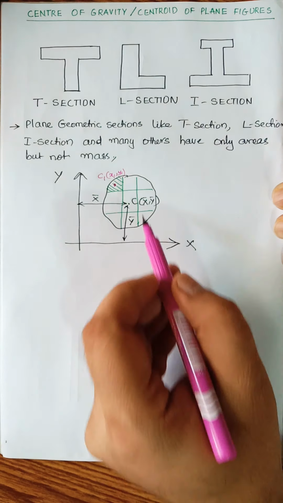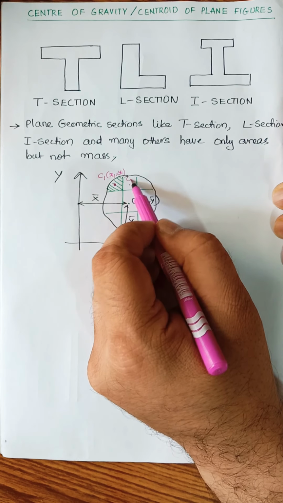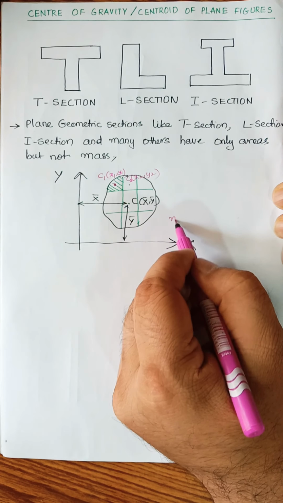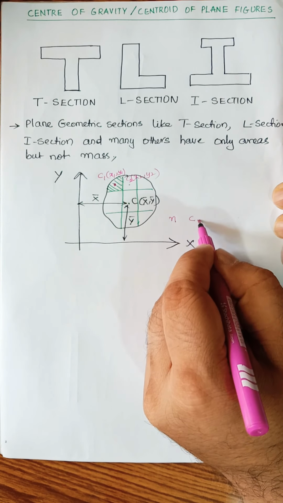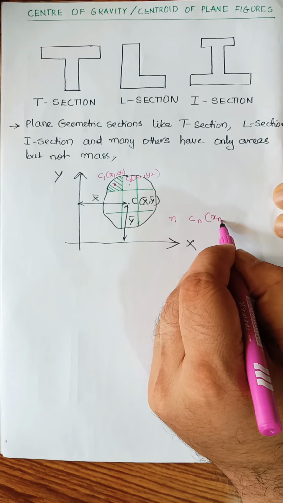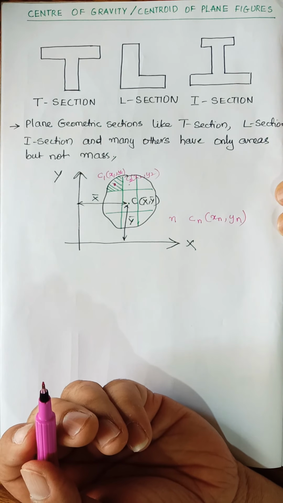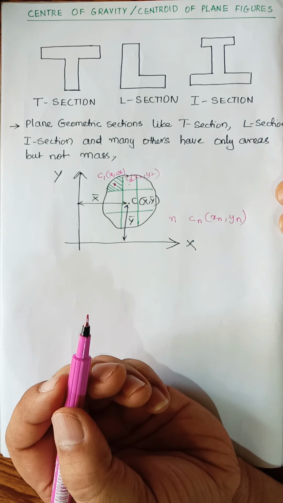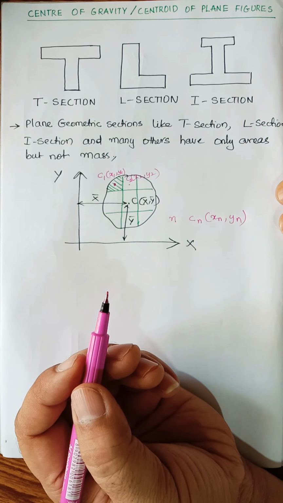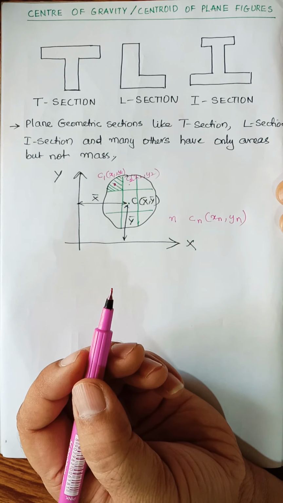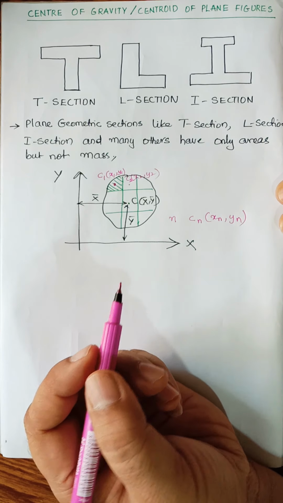In a similar manner, I'll take C2 whose coordinates are x2 and y2. Similarly, if there are n number of sections, then we will take Cn whose coordinates are xn and yn, where xn and yn represent the centroid of the nth element from the reference y-axis as well as the reference x-axis.